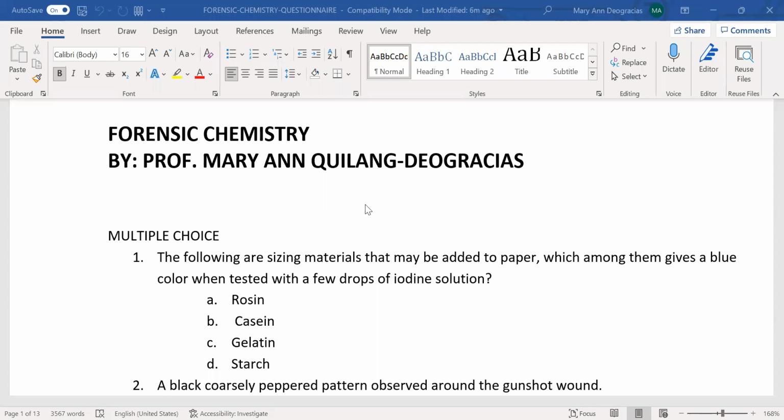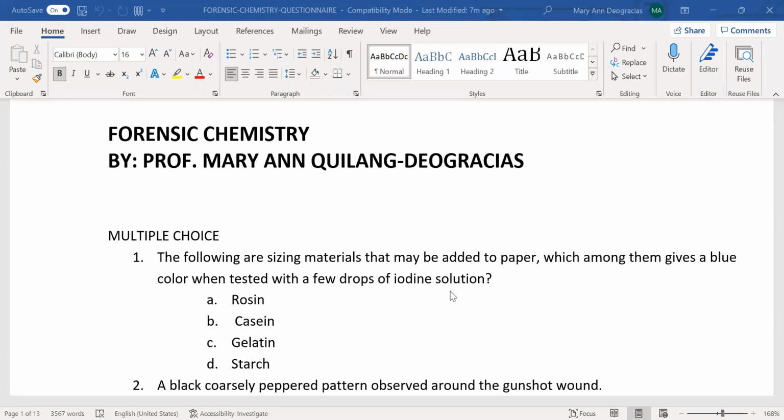So these are questions ranging from introduction of forensic chemistry up to toxicology. I hope it can help everyone for the board exam this coming December. All right, so let's start.